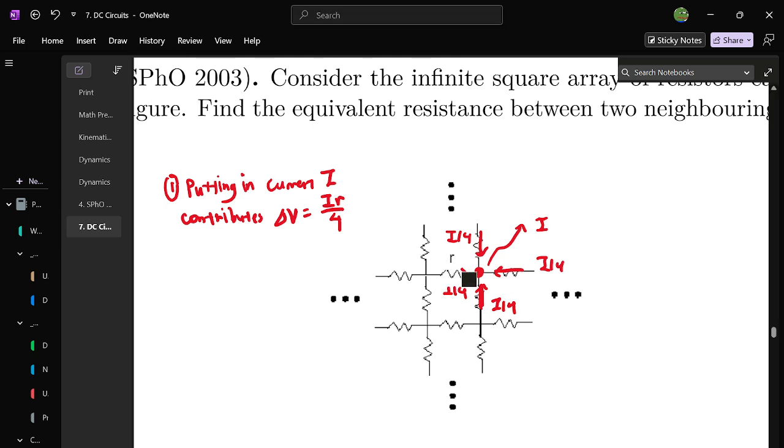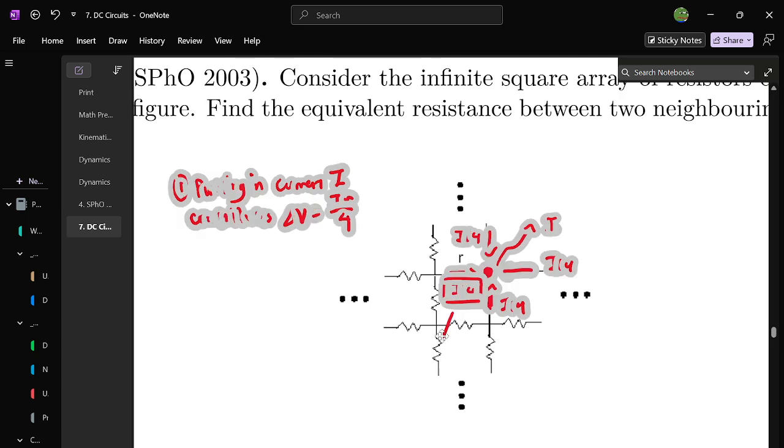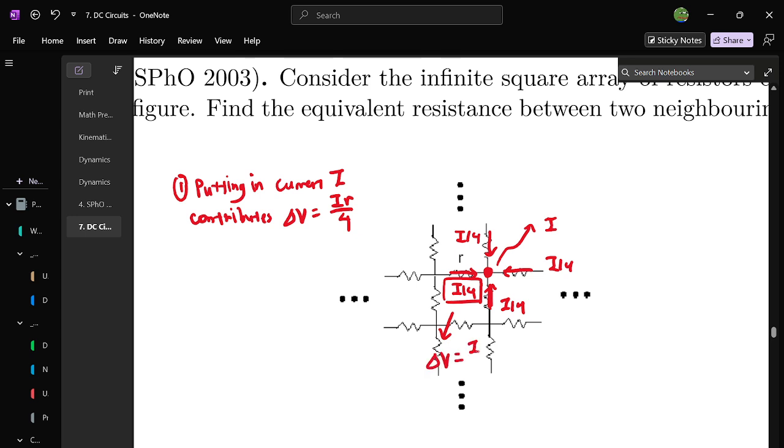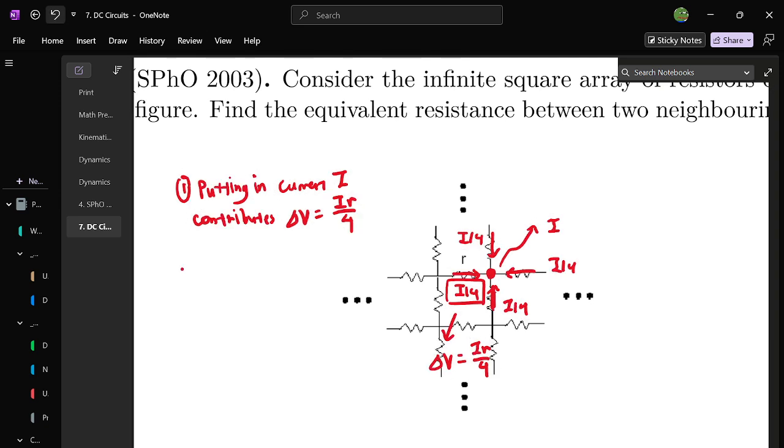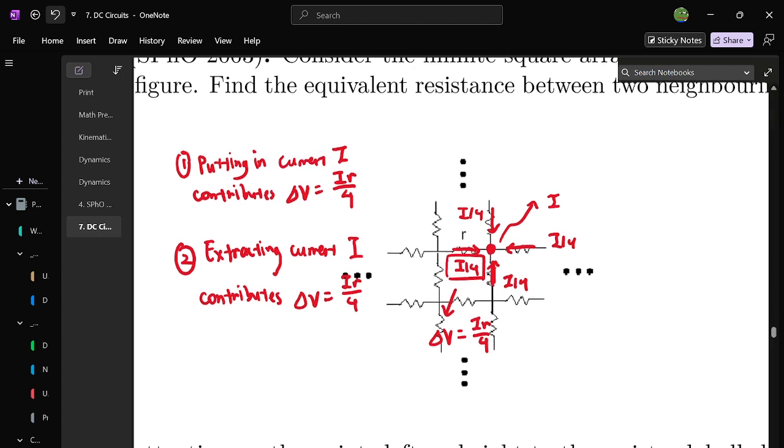So now you see here that current I over 4 flows in the same branch again, in the same direction, and once again contributes IR over 4 potential difference. So the second observation is that extracting current I contributes IR over 4.